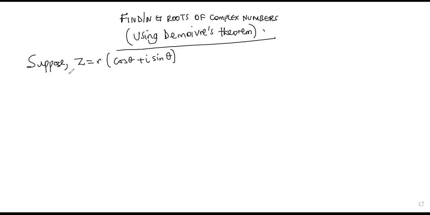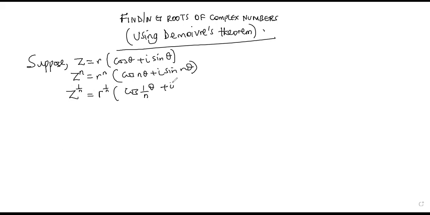It means that z to the power n is equal to r to the power n, cos n theta plus i sine n theta. Implying that z to the power 1 over n is the same as r to the power 1 over n, cos 1 over n theta plus i sine 1 over n theta.